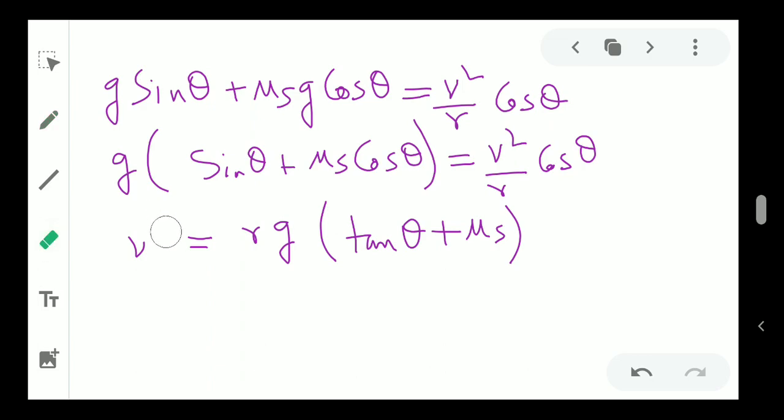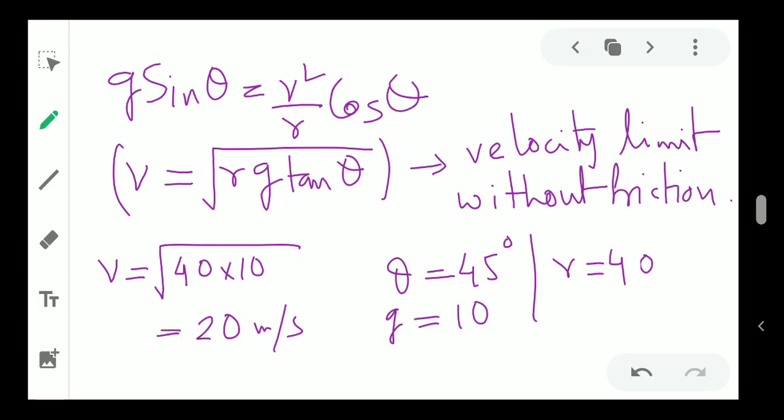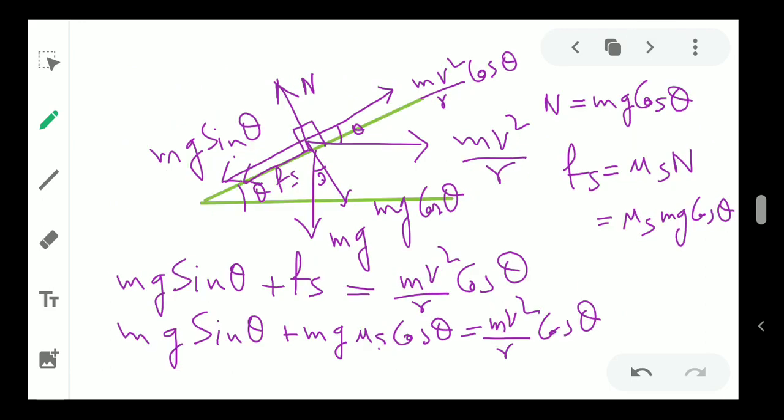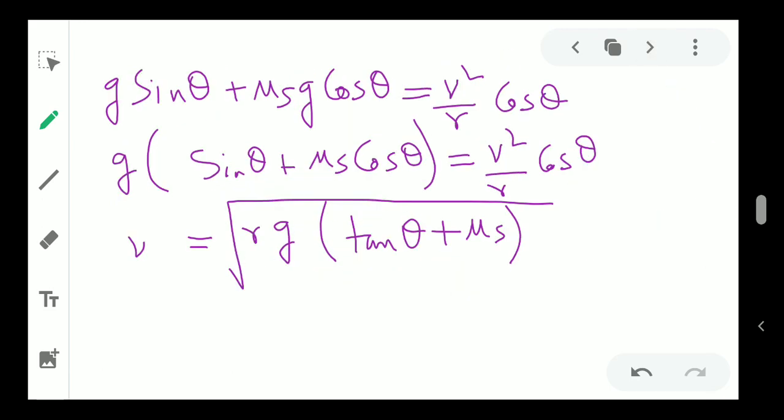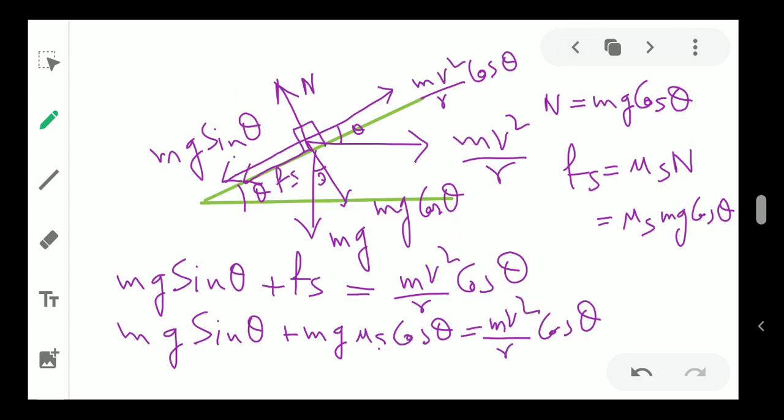So I can write v is equal to root over this. So now you look at this one, that is rg into tan theta plus mu s, whereas in the last case we have seen this is only rg tan theta, but here mu s is coming back again.